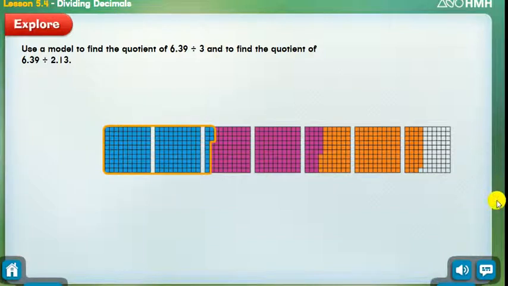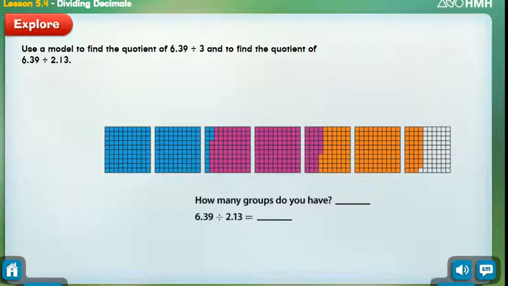There are 1, 2, 3 groups. So how many groups do you have? You have 3 groups. So what is 6 and 39 hundredths divided by 2 and 13 hundredths? The quotient is 3.